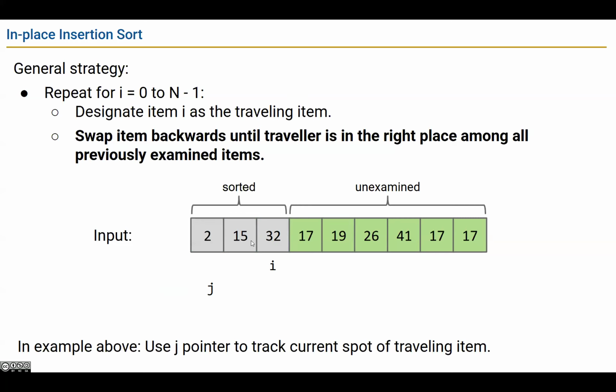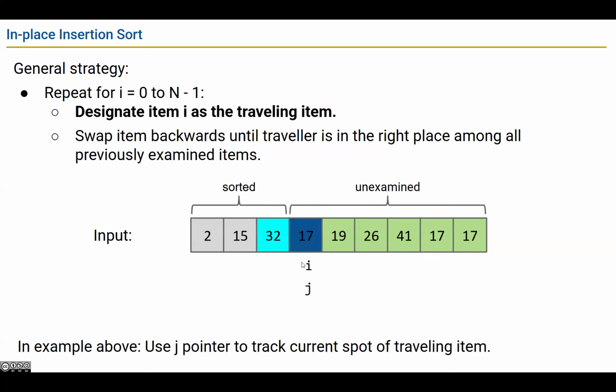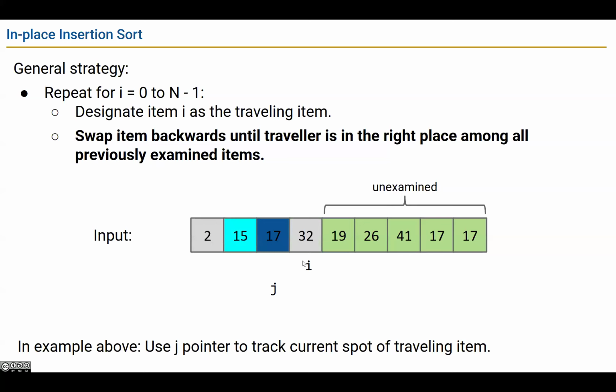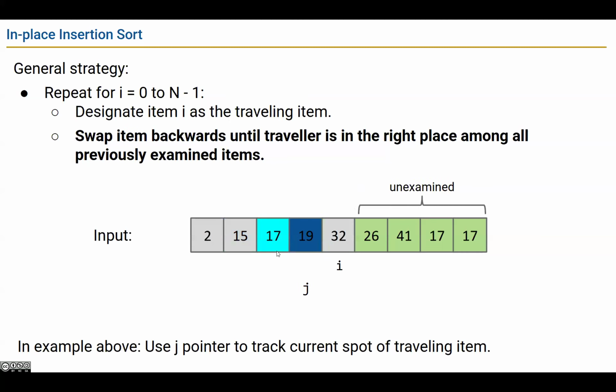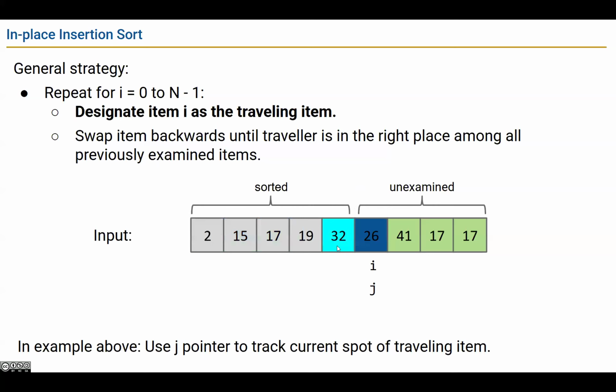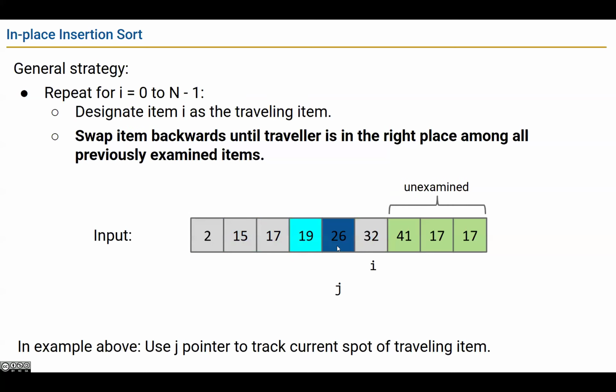And it's kind of similar to that old insertion sort idea where we have each item move to its right spot. 17, swap or no swap? No swap. So now we add a new item to the sorted portion. The 19, swap. Swap. Swap. No swap. 26, swap.